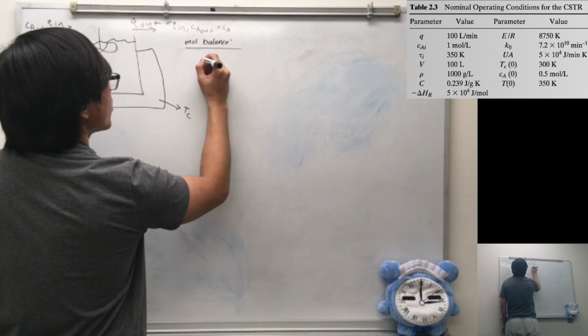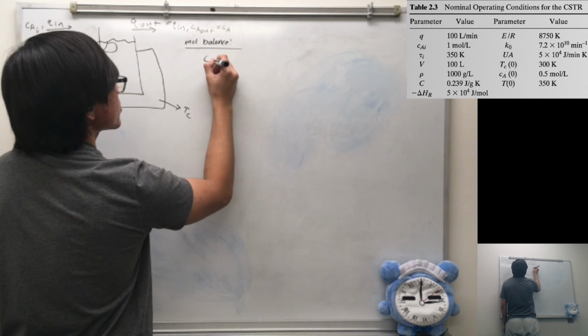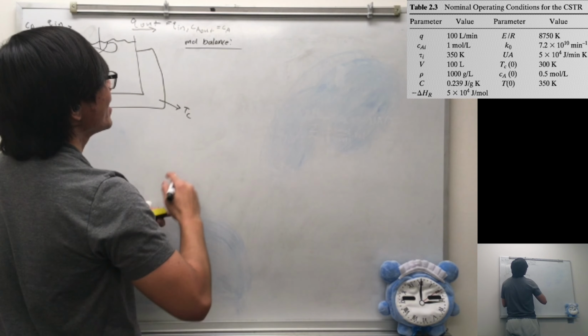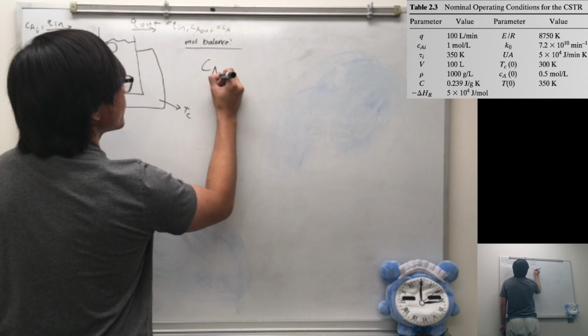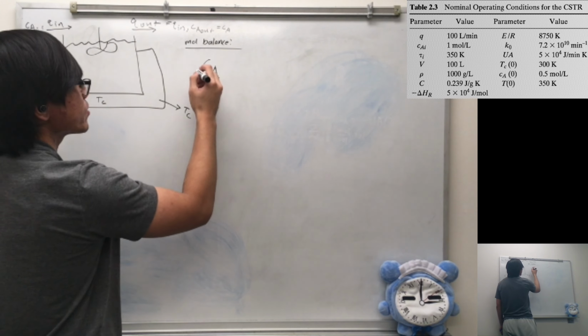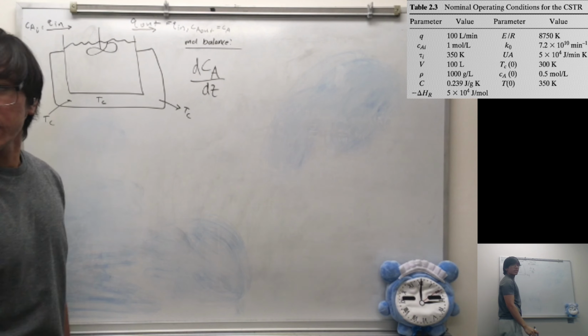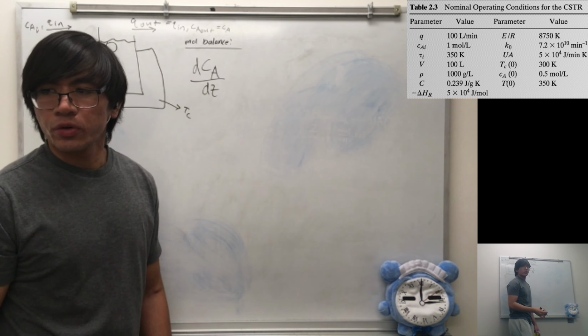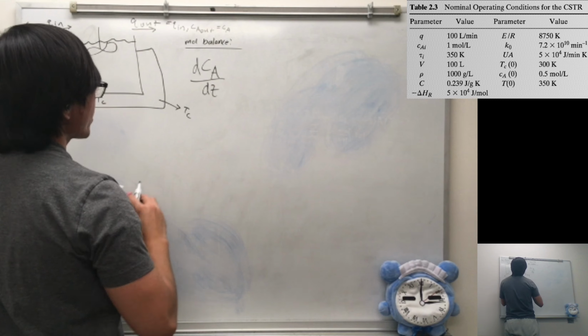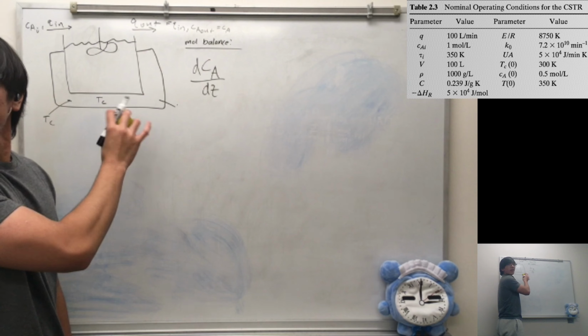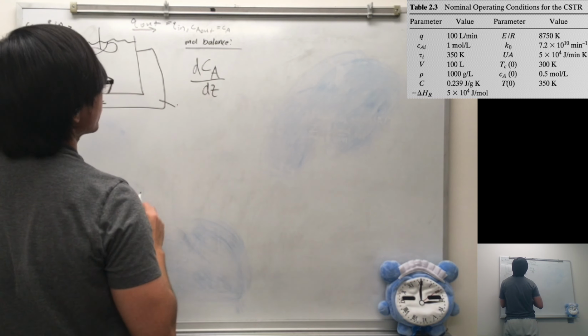So we have what we're interested in, our concentration of A. Is that big enough? Maybe we can go bigger. Our concentration of A, and again, this is a derivative with respect to time, since this will be changing with the reaction going on. I can erase this as I make room.